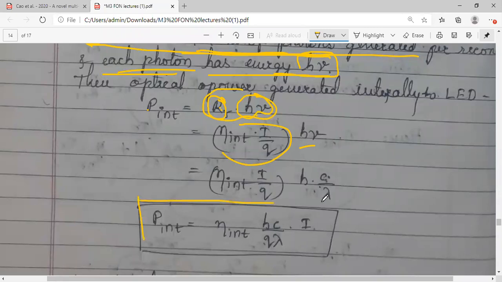So this is the internal power generated inside the active region. I'm still not outside, I'm still inside the heterostructure. So how many carriers you have supplied into the active region, how many recombine and how much photonic energy you have got, how much amount of light you have got. That is the power generated inside the active region.